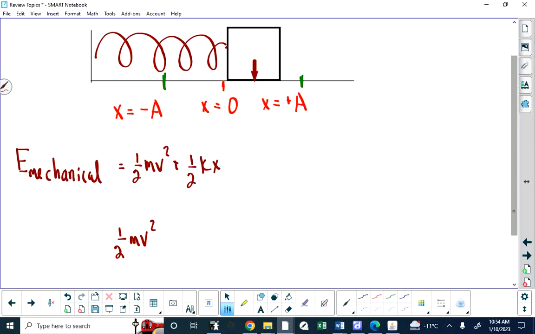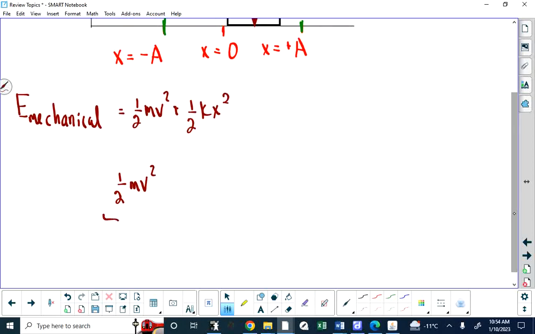Because x is 0, if you were to put 0 into 1/2 kx, and I have a writing mistake up here, who can tell me what I've incorrectly written or what I've missed? The squared on the x. Excellent. So if I were to put at the equilibrium position x equals 0, I put it in here, I get nothing for potential energy. So this is the mechanical energy at x equals 0. Well, what about the mechanical energy at, say, x equals a?